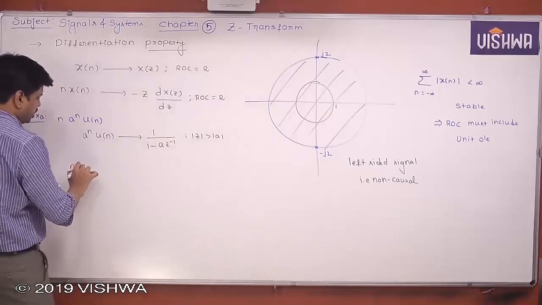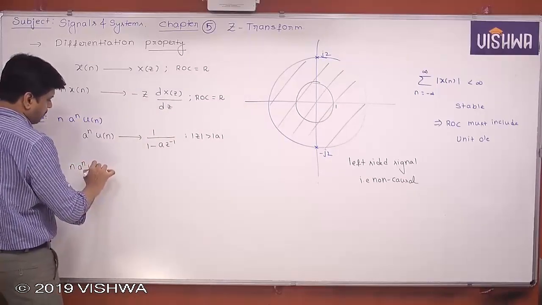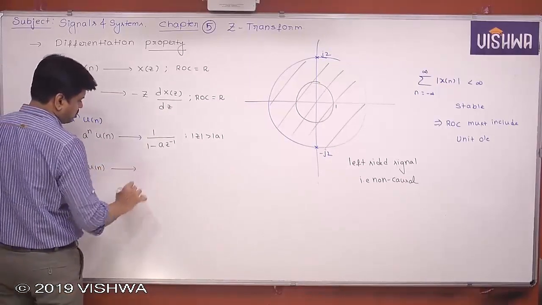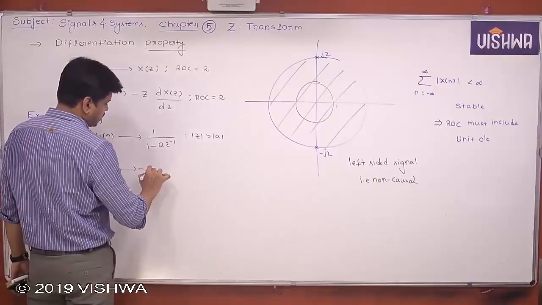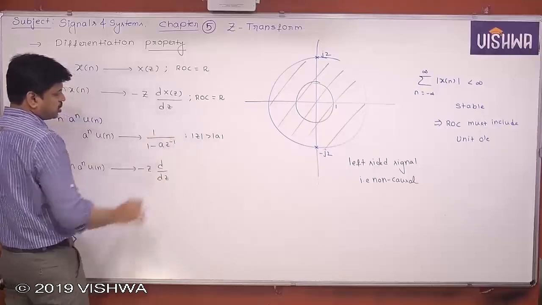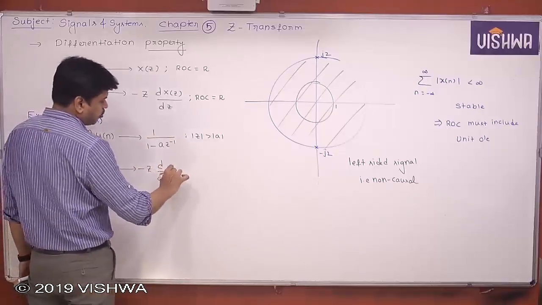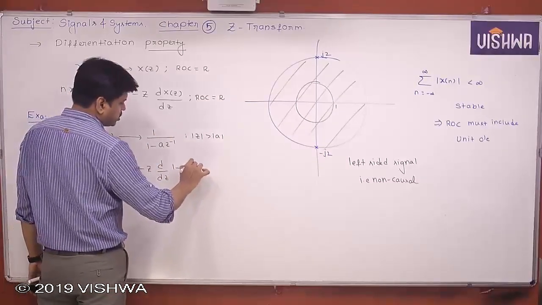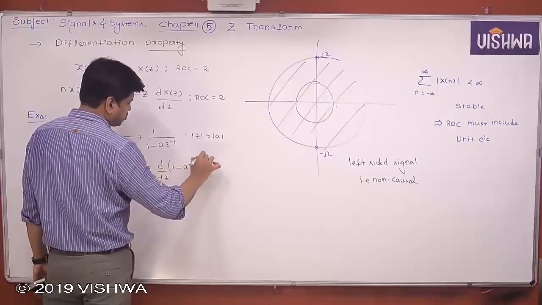For n a power n u of n, we have to say minus Z d by dz of this quantity. This quantity can be written as 1 minus a Z inverse whole inverse.